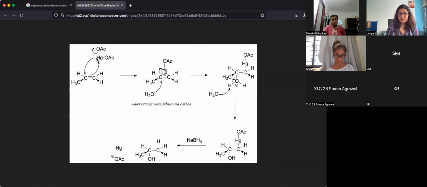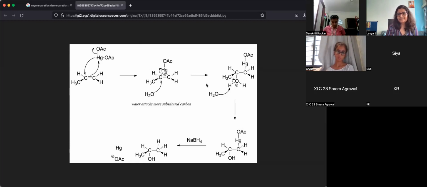Because of Hg2 plus, it acts as a Lewis acid, it's electron deficient, gets attracted to the double bond here. So you have this sort of a complex being formed. So this bond breaks, like OAc minus will be there, acetate ion in solution. Mercury and the alkene are forming this sort of a complex. Then water attacks the more substituted carbon, like a nucleophilic attack.